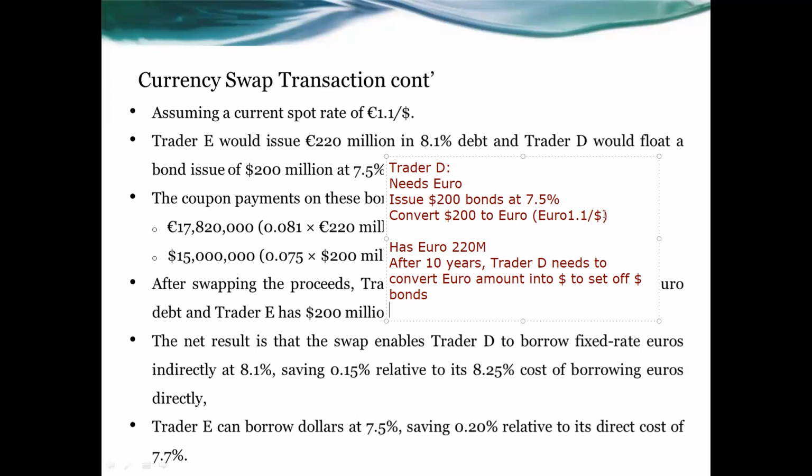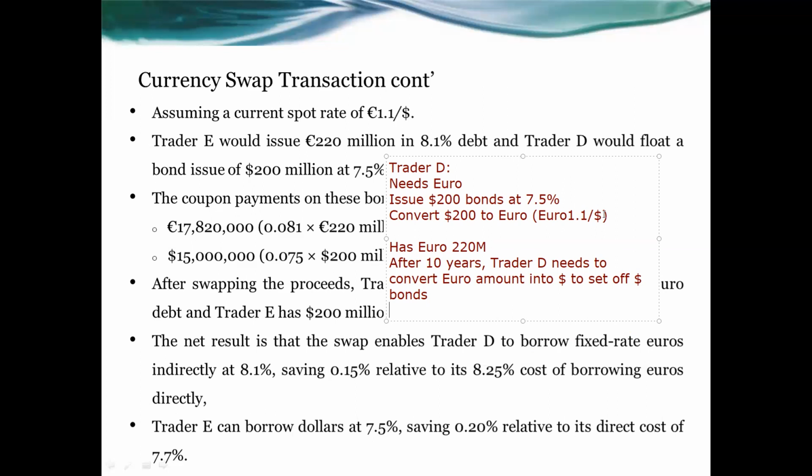But instead of this scenario, what is trader D doing? He issued a bond in dollar denominations, but he doesn't need to convert euro to dollar, dollar to euro. Why?